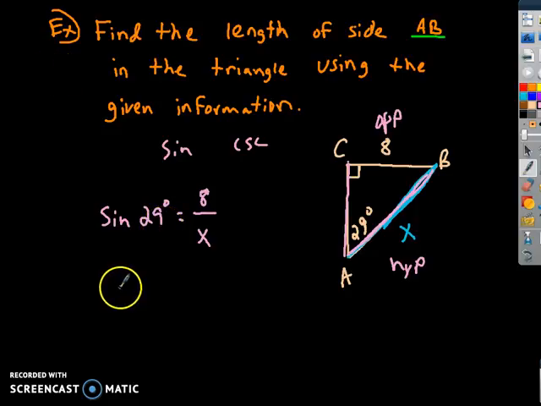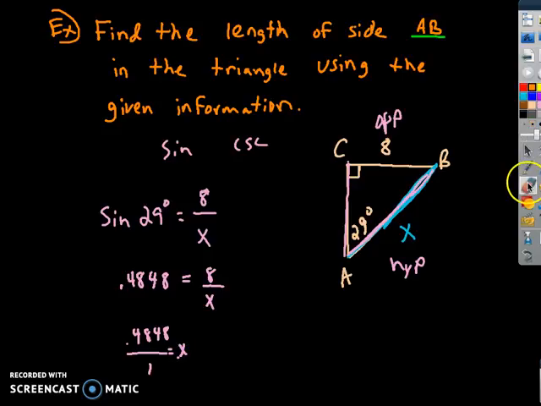Sine 29 degrees is 0.4848, roughly, equals 8 over x. I'll make this a fraction, so 0.4848 over 1 equals 8 over x. And then cross multiply.